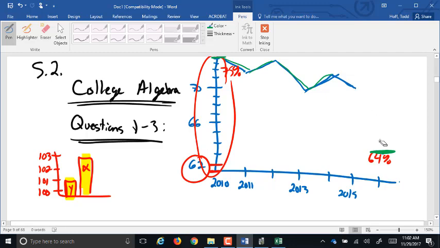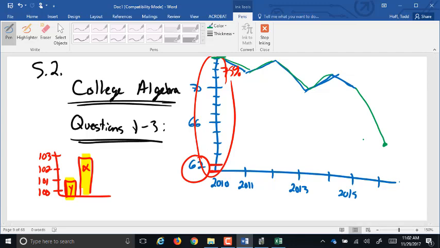If I took this last one off of here, does it look like it's going down or up or anything? Maybe a little bit, right? But not as significant. Having that last one on there that was really small tends to make your mind think, oh my, this is really falling fast.